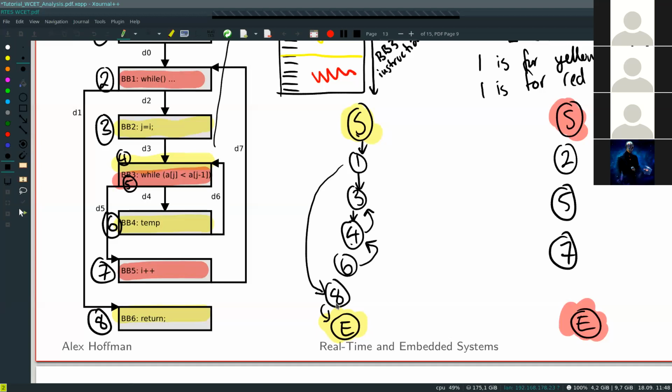Yes, indeed. Well spotted. I think that should be everything. Although can 4 go down to 8? Oh yeah, I'm missing 4 to 8 as well. 4 to 6. So I think now we've got everything.